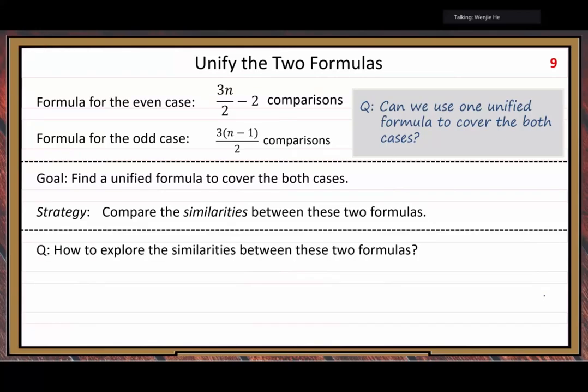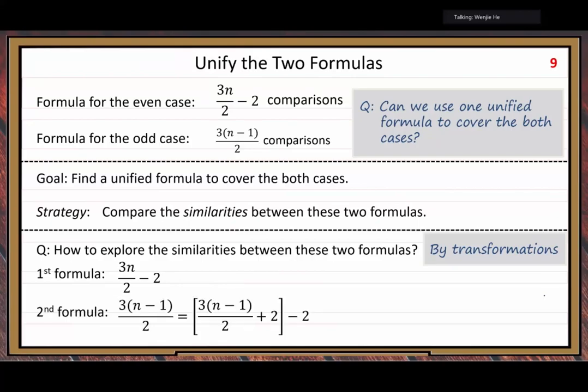Let's explore the similarity. First formula, let us put it here. Second formula, let's write it in some way. Look at the minus 2 here. The second formula has no minus 2, so let us use the same format as the first case. So we do minus 2.